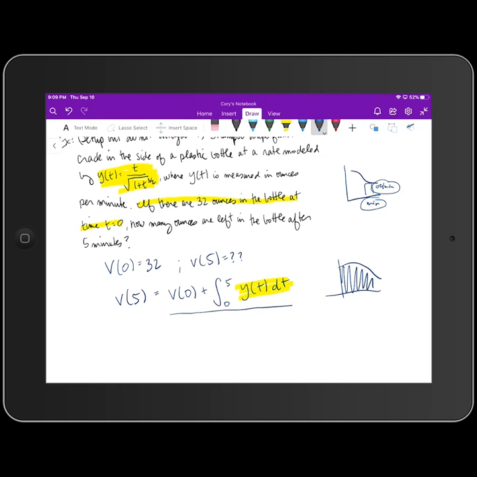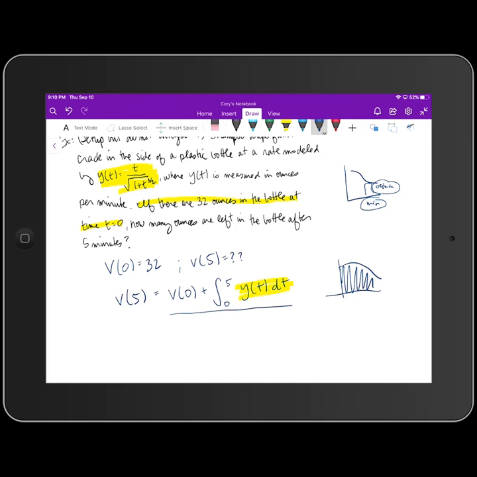That means that there's going to be more than 32 ounces in the bottle at time t is equal to 0. I mean, at time t is equal to 5, and that doesn't make sense in the context of this problem. Now, we're told that shampoo is draining from a crack in the plastic bottle. So we want that rate to be negative.